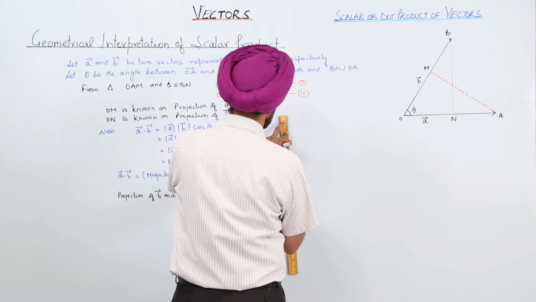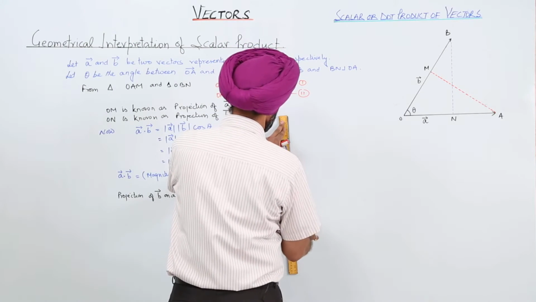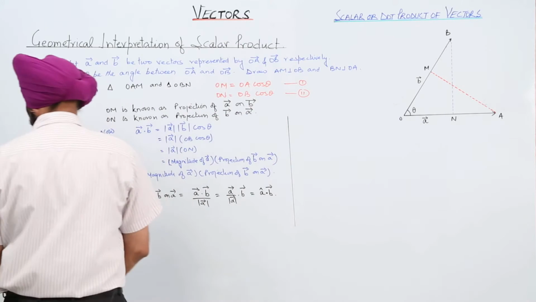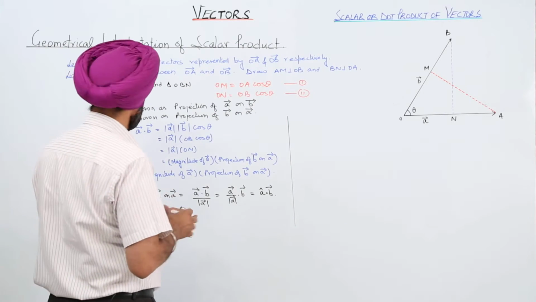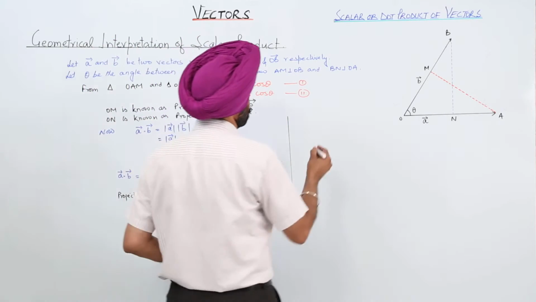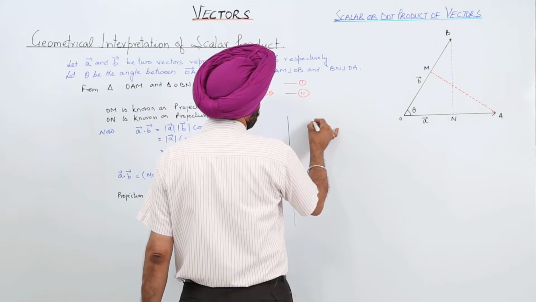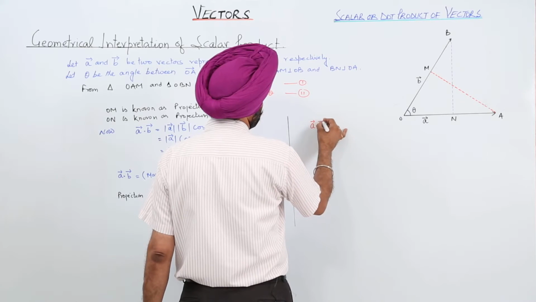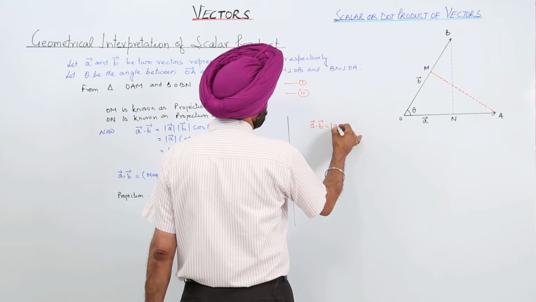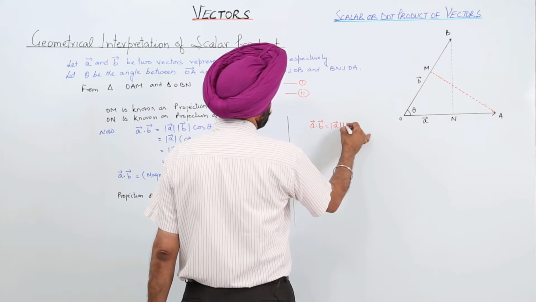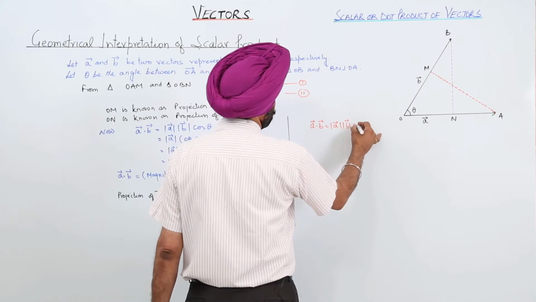Let's move to the second part. Vector A dot vector B is equal to magnitude of A, magnitude of B with cos theta.